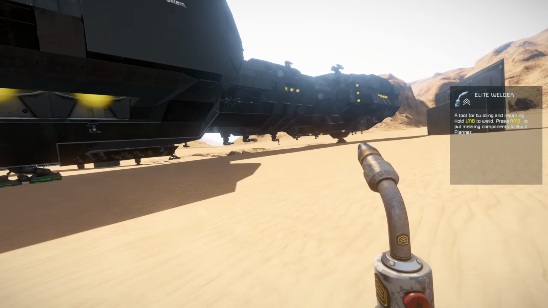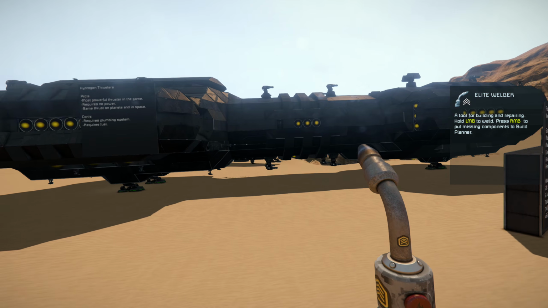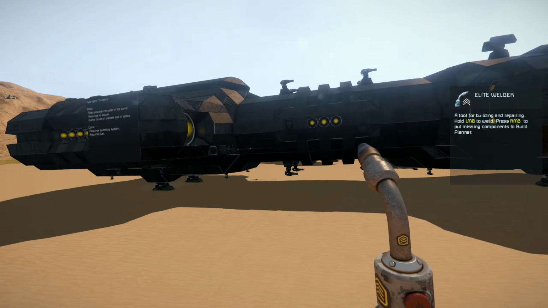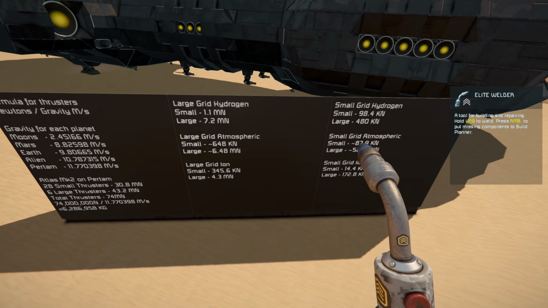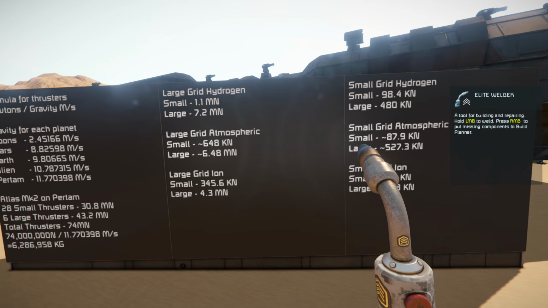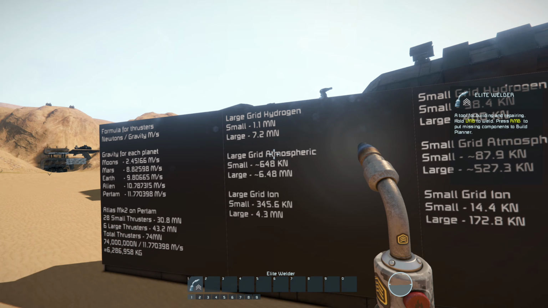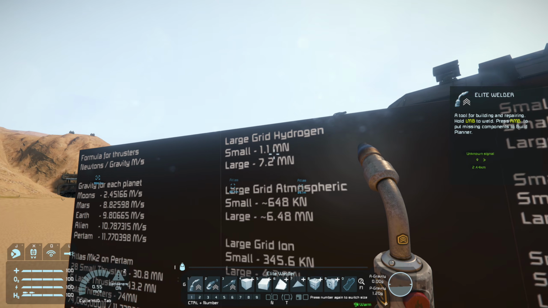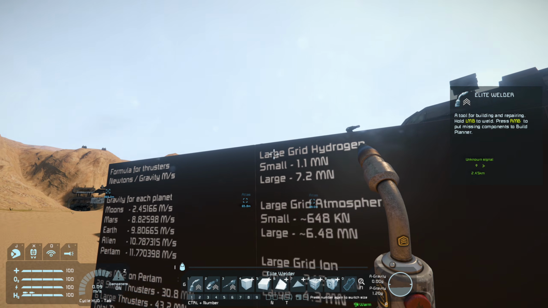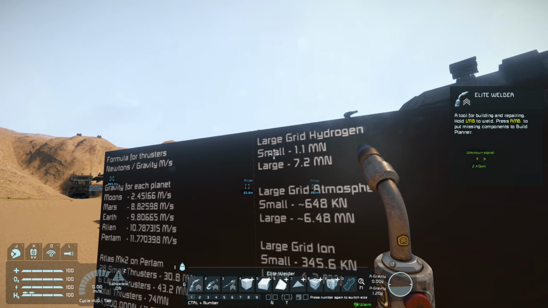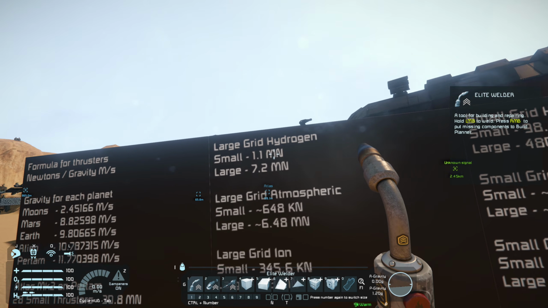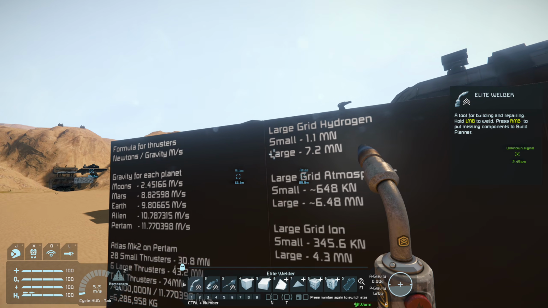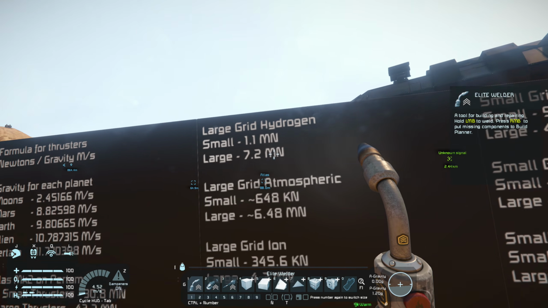To work out what this ship is capable of lifting, you add all of these thrusters together, and on this LCD I've placed the values for all the different types of thrusters. You can see here large grid hydrogen: each small thruster gives you 1.1 meganewtons of thrust, and each large thruster gives you 7.2 meganewtons.